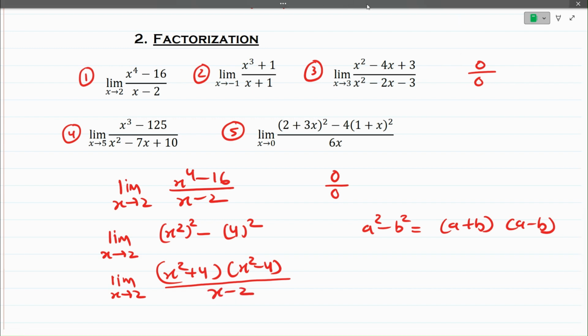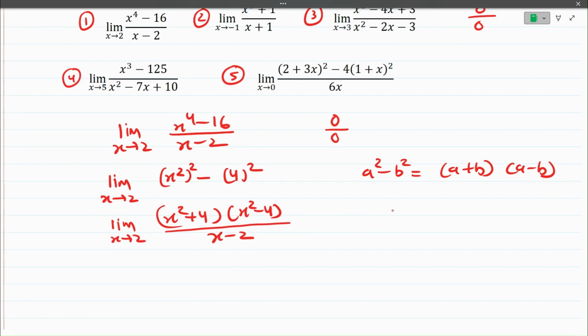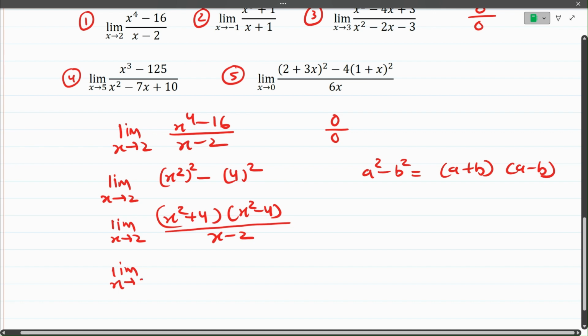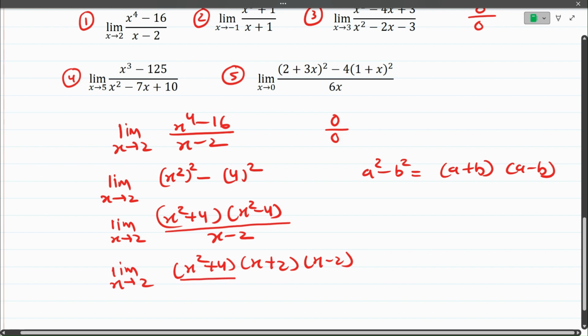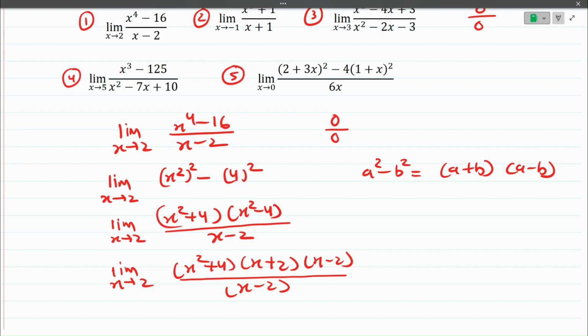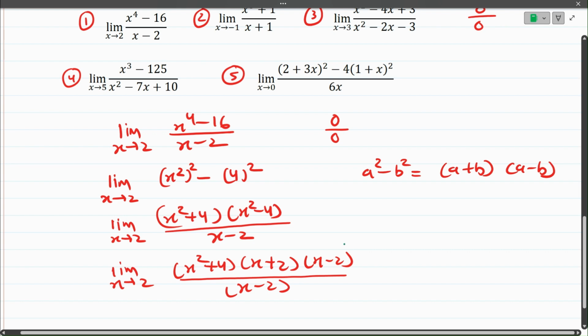And again we can factorize, because x squared minus 4 can be written as x plus 2, x minus 2, using the same identity which we used in the previous step. Then we can cancel out x minus 2 and x minus 2.